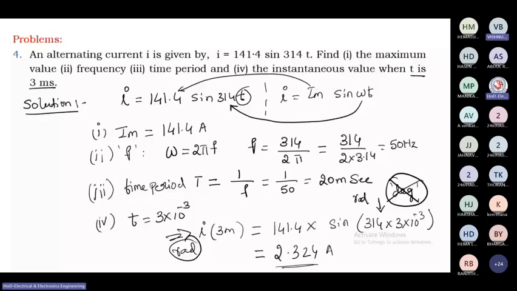Still nobody is using calci. Get the answer till now. So you do it and tell me what is the answer here when it is in radians. Okay. So we'll go to the next problem.